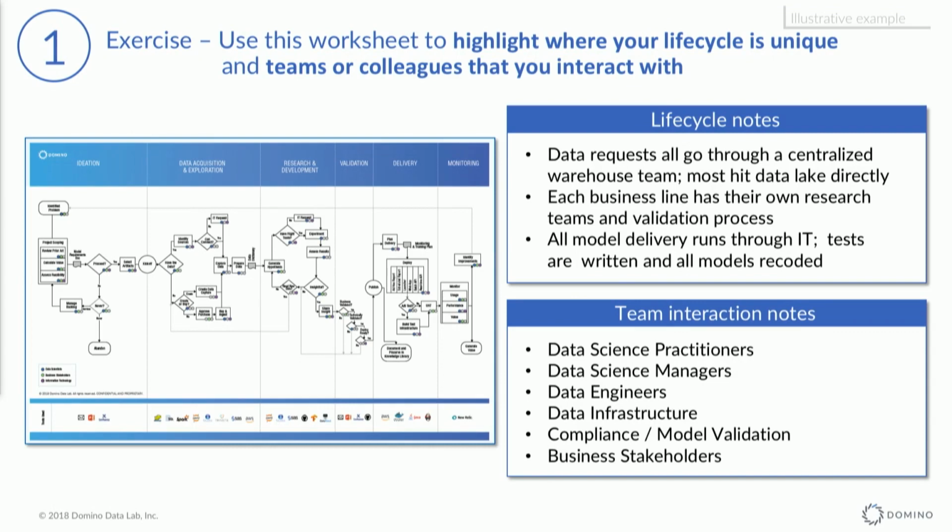The goal is to spend the first 3 to 5 minutes jotting down notes about how your life cycle works today and why it's any different. Maybe you don't have a monitoring program, or maybe you have a totally different way of doing monitoring. Just jot down some of the highlights and differences.